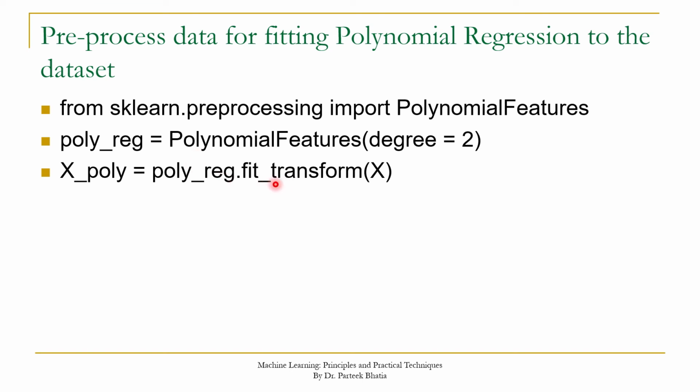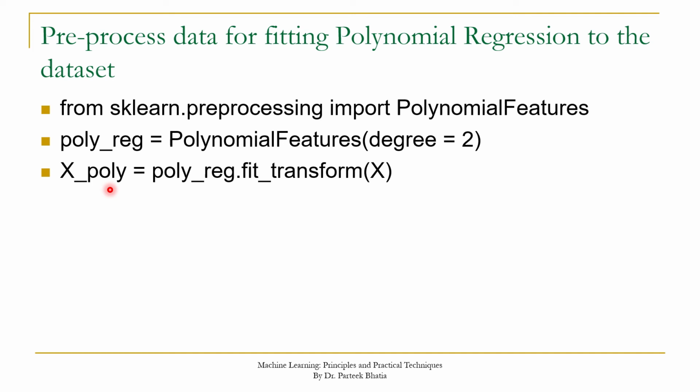We are invoking this method through the object poly_reg, and here we are passing the dataset which we wish to transform. So here we wish to transform our X to polynomial form up to degree 2. We are passing X, and the updated value of X will be stored in X_poly.